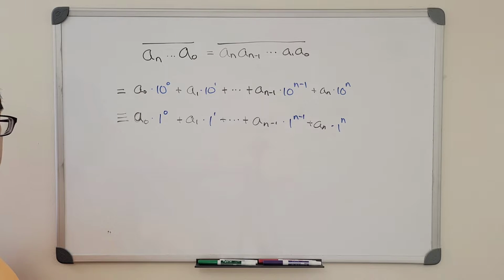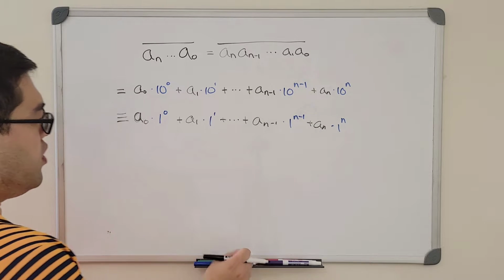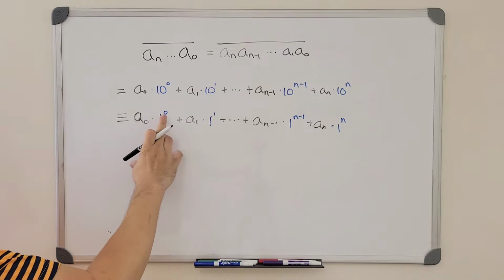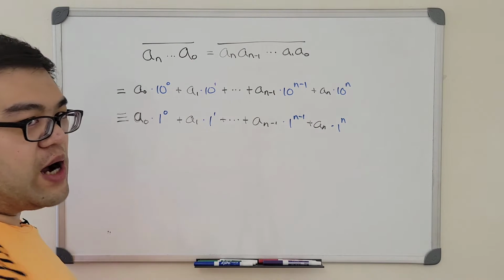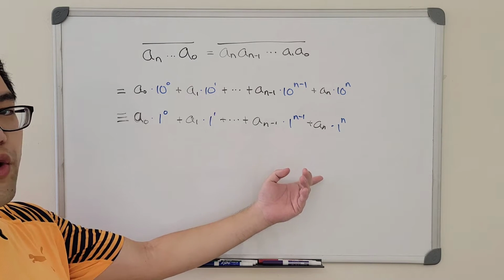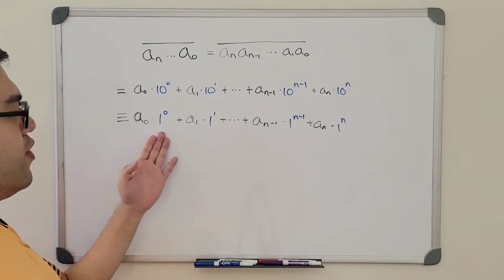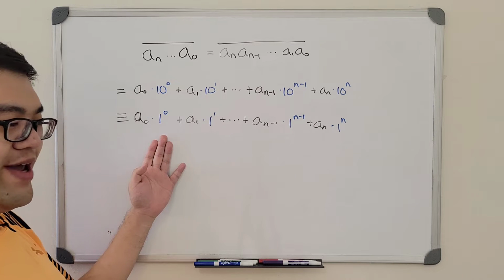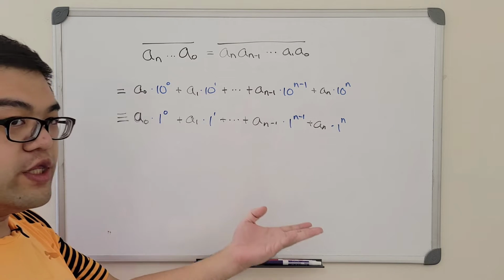So now let's try to simplify. Well, now we have 1 to the 0th power, 1 to any power. We have 1 as the base. So since we have 1 in the base, we know that 1 to any power is just equal to 1.